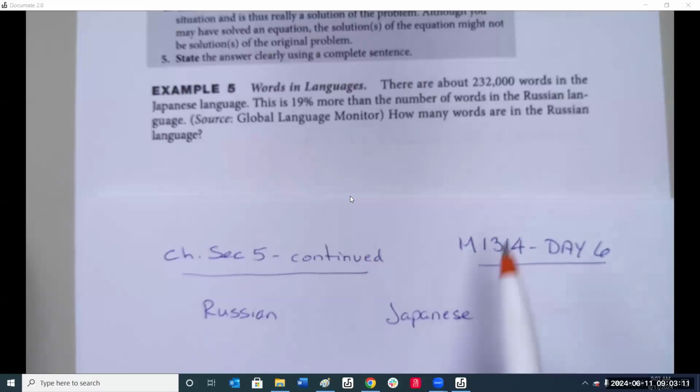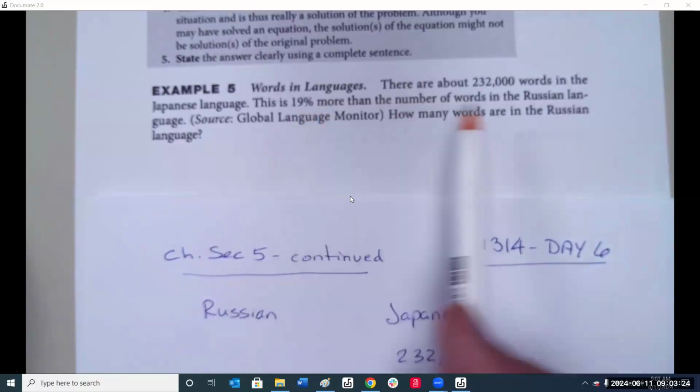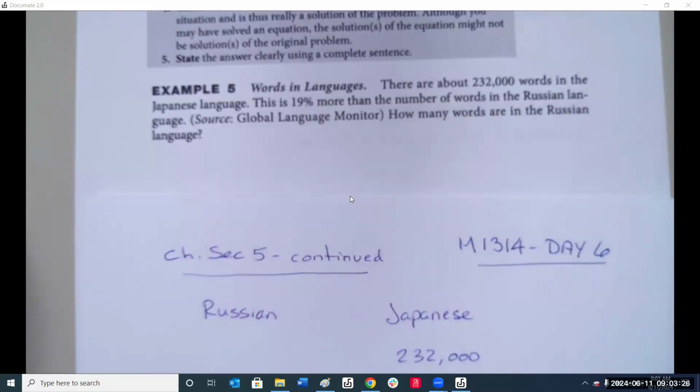We know that there are 232,000 words in the Japanese language. This is 19% more than the words in the Russian language. So how do we connect the two? What's the formula we're going to use here?